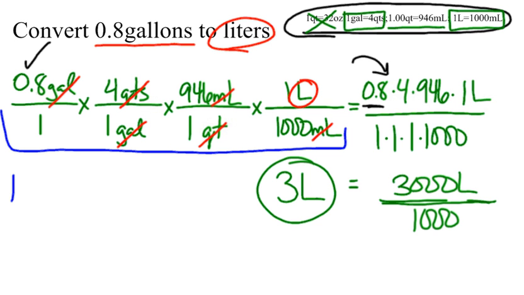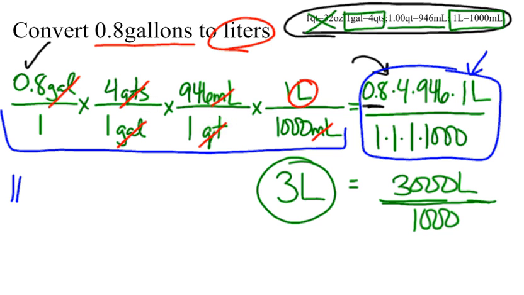So all the places in red where I canceled out units and circled that unit, we're good. That's another point. Showing me this step right here, where you have all the numbers that you need to multiply but you haven't multiplied them yet, is also going to be a point. So there's 3 of the 5 points.